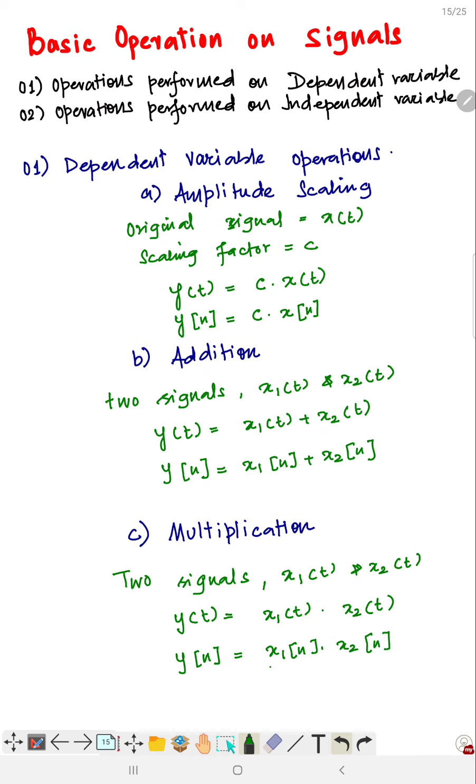Fine. So these are some simple operations that are performed on the dependent variable. Fine.